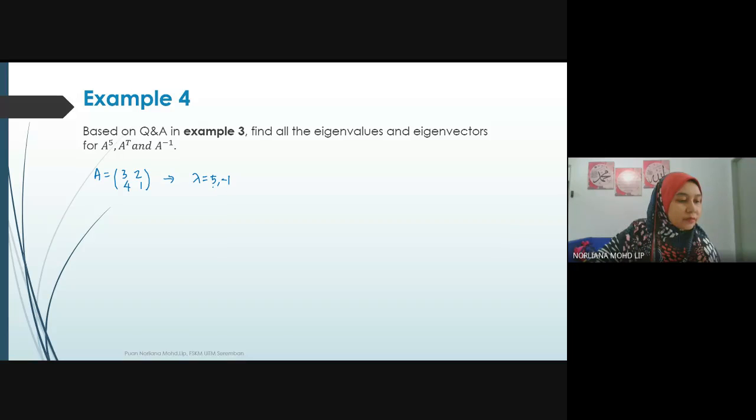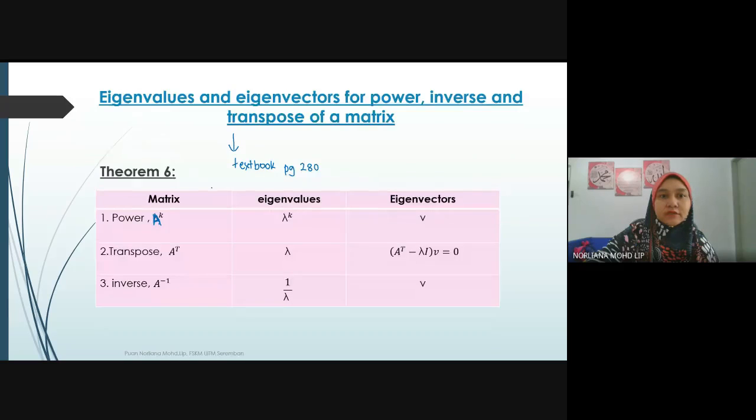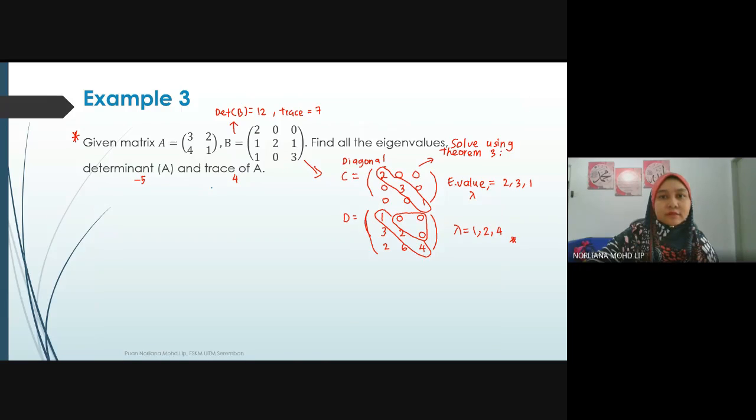Homework hari tu, example 3. Untuk yang ni. Kita gunakan previous example ni. Ada yang dah buat tak? Dah buat lagi eh?